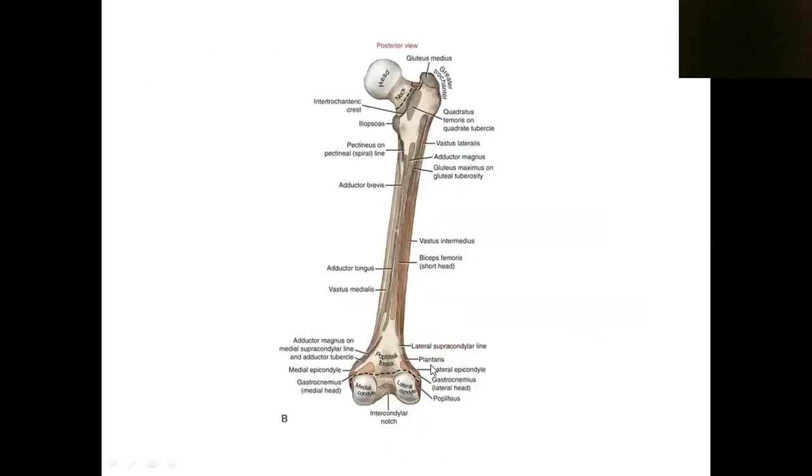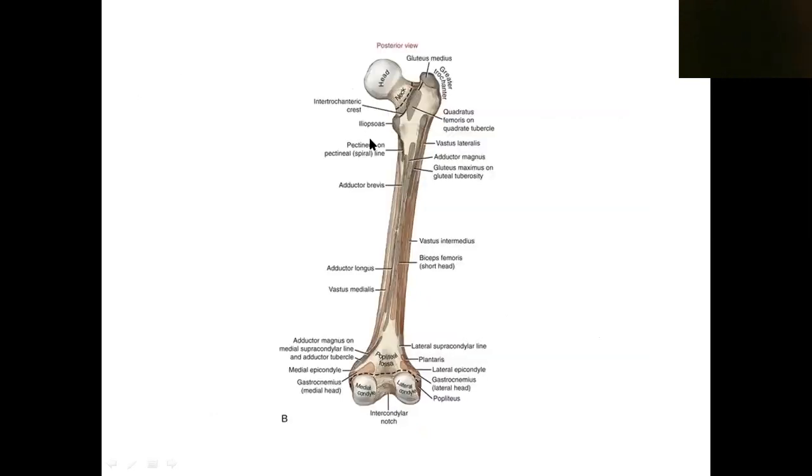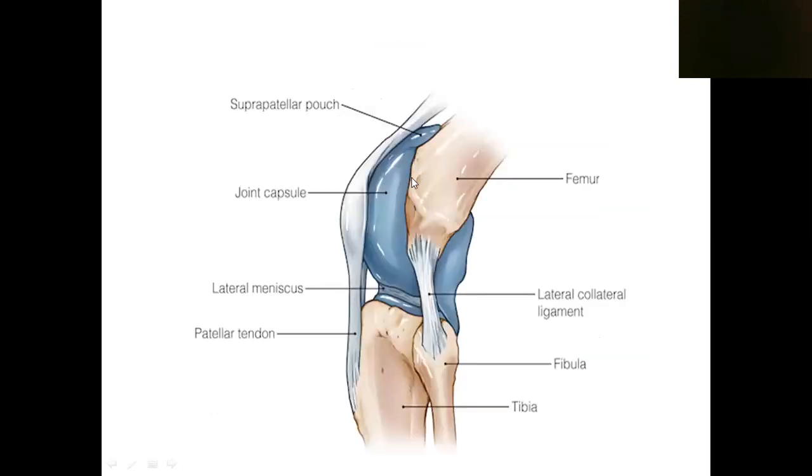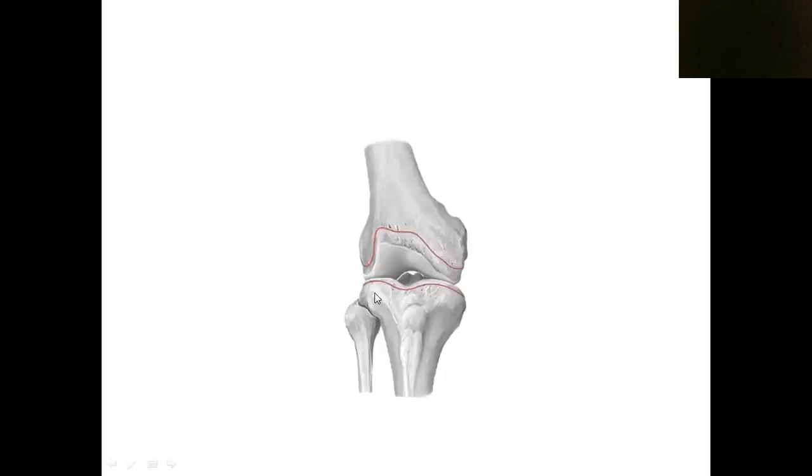Now the lower attachment, the lower end, or tibial attachment of the fibrous capsule. See it once again. The upper end is connected to the femur; that attachment is clear. Now the lower attachment to the tibia. Here also it is half to 1 centimeter beyond the articular margin.